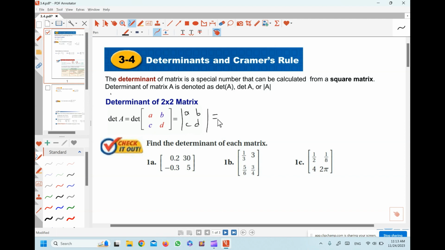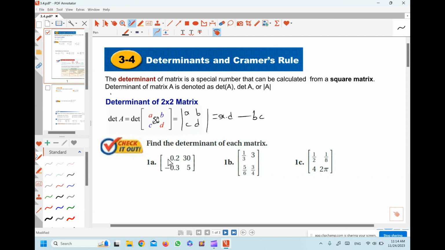So we will find the determinant by multiplying the numbers on the main diagonal first, a times d, and subtract off the product of the numbers written in the other diagonal, b times c. So order matters. First we multiply the numbers in the main diagonal and subtract the product of the numbers in the other diagonal: ad minus bc. Let me show you an example.